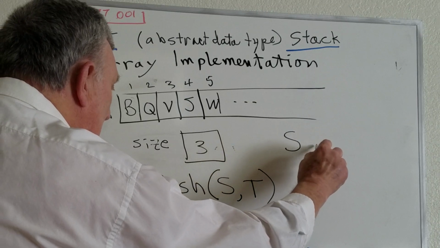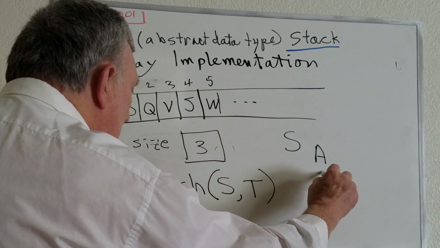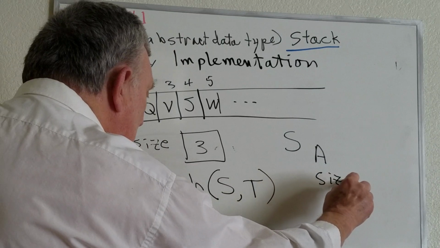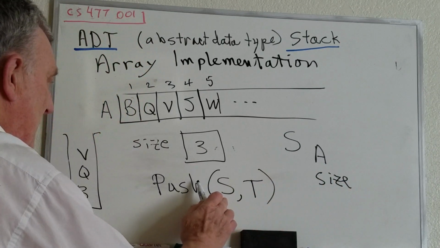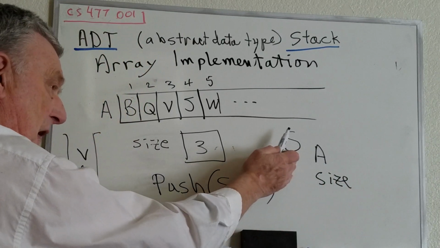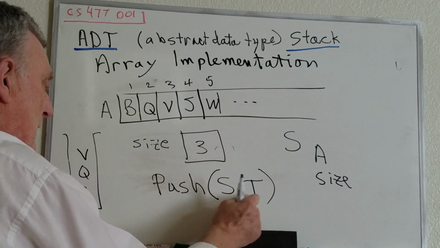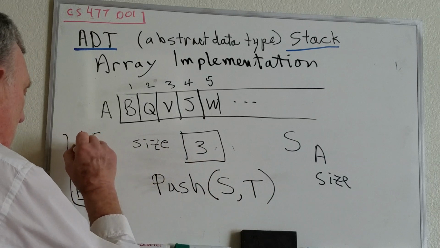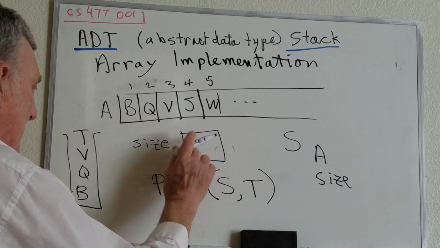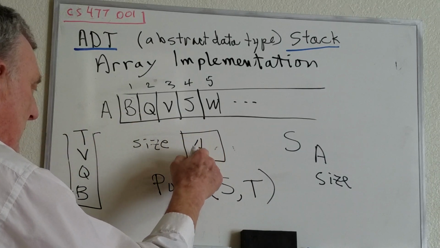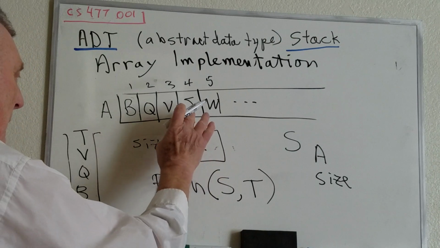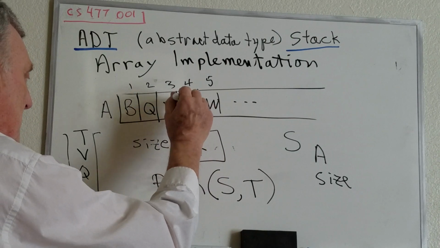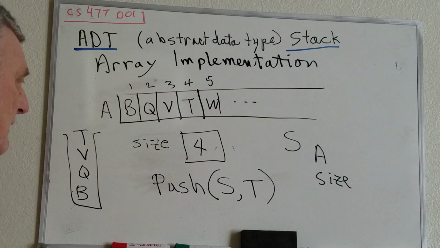S is implemented as an array A and an integer size. You could think of this as a structured type. We're going to push the item T onto the stack, which means that we increment the size, and we put T here in the position of that.